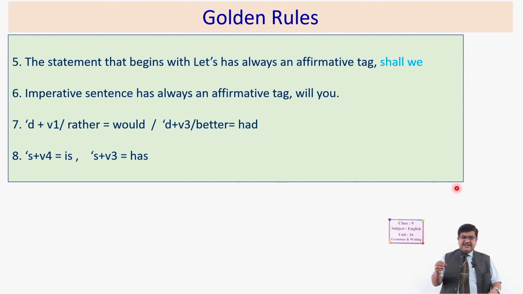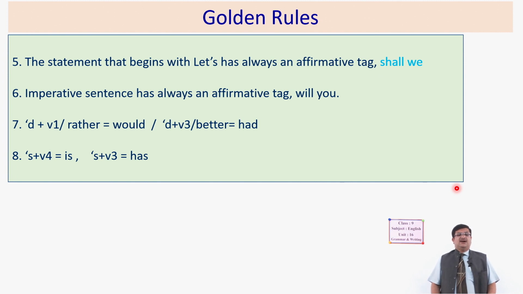When a sentence comes with 'd with the root form of a verb and there is "rather" or "would," it is "would" in the tag. And when a statement begins with 'd with the past participle form of the verb and again there is "better," that must be "had" in the tag.